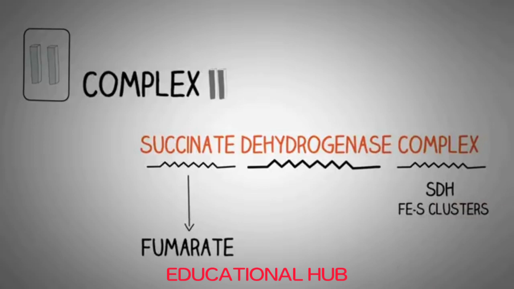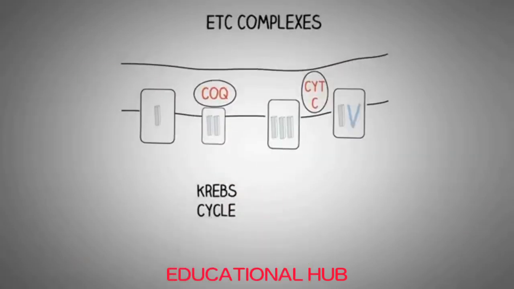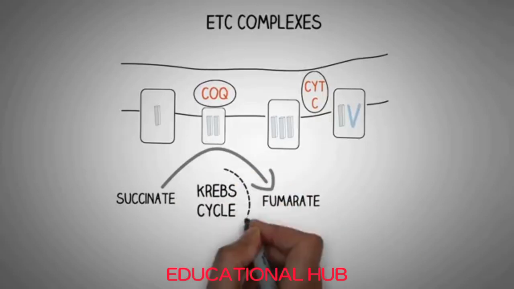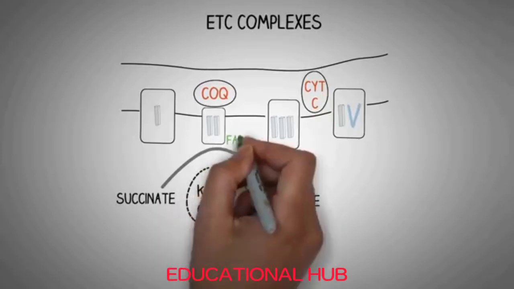The second complex is a part of Krebs cycle which catalyzes the reaction for oxidation of succinate to fumarate. In this reaction, the reducing equivalent FADH2 is produced, which is utilized for donation of electrons in the electron transport chain.